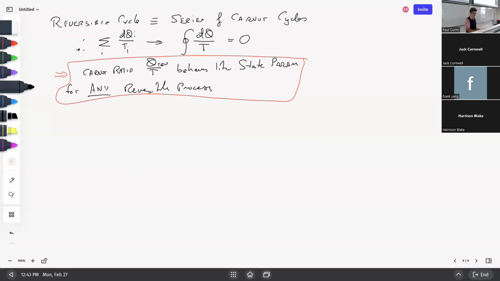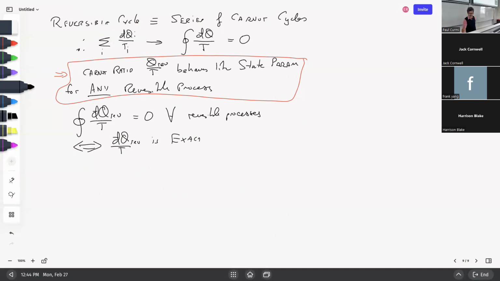I can say that integral d bar q reversible on T equals 0 for all reversible processes. Okay, and this is equivalent to saying that d bar q reversible on T is an exact differential.